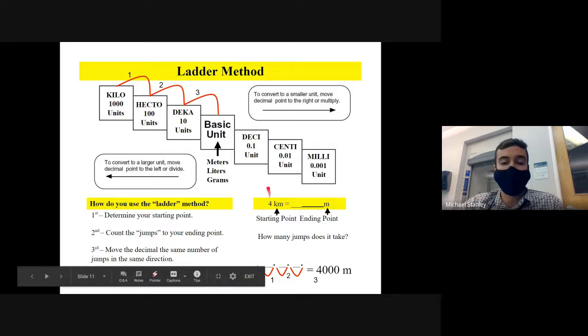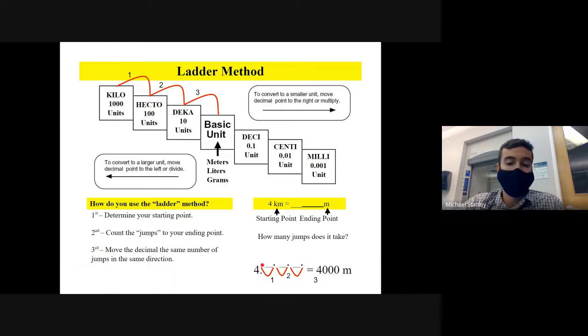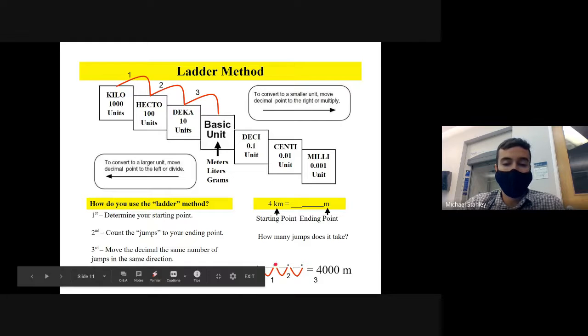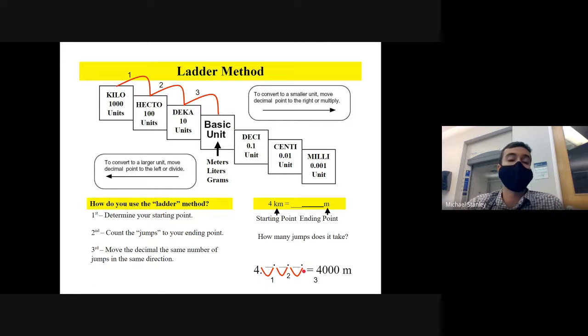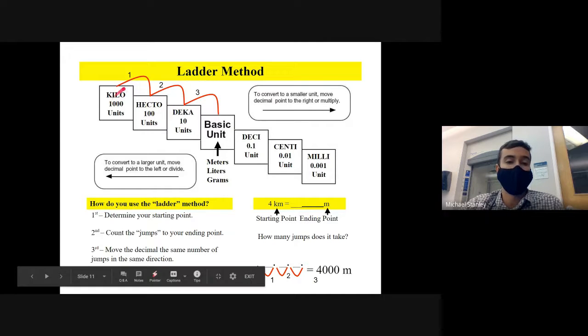We start off with the decimal right after the 4. Sorry, this little thing is popping up and covering the bottom here. But our first decimal is right after the 4 right here. And then we're going to move this guy 1, 2, 3 jumps to the right, just like we did up here. 1, 2, 3 to the right.